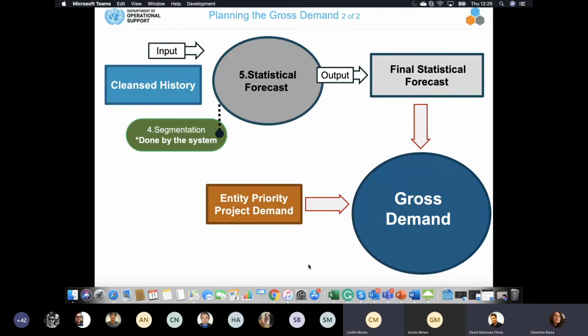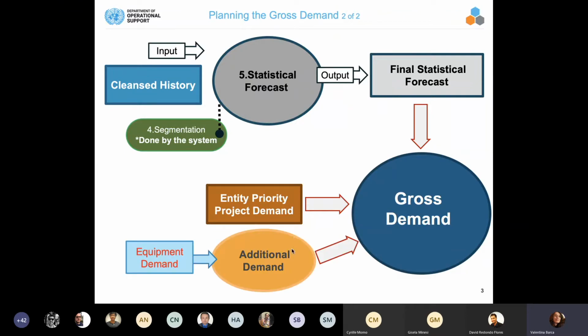Thank you. So I was saying that the entity project demand, which are the requirements, are not included in our history because they are specifically for a project. So we add that, and we saw that two days ago. Then yesterday we talked about the equipment demand, the replacement of equipment that is about to be replaced or repaired, and the additional demand for new products.